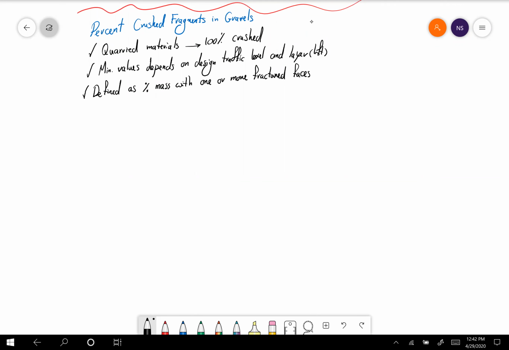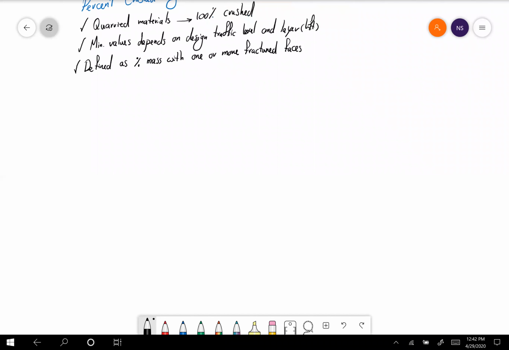And the reason you don't want to have rounded aggregates in your asphalt pavement is because if you have a layer of round aggregates all around, right?